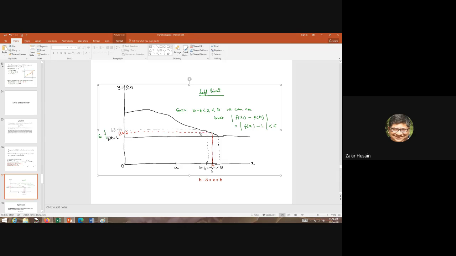So here we will get the functional value f(x1). The difference between f(x1) and L will be less than the epsilon value. Epsilon is basically the difference between f(b) and f(b minus del).